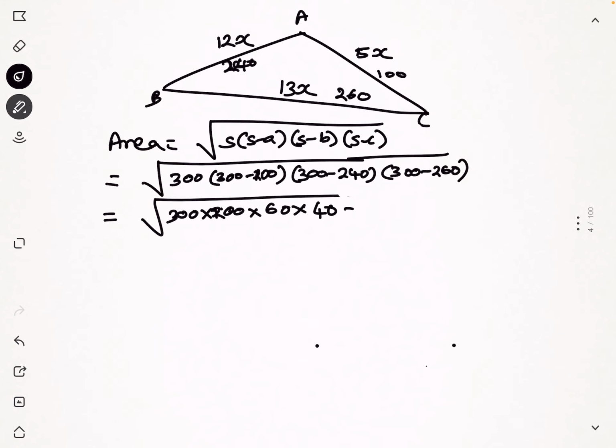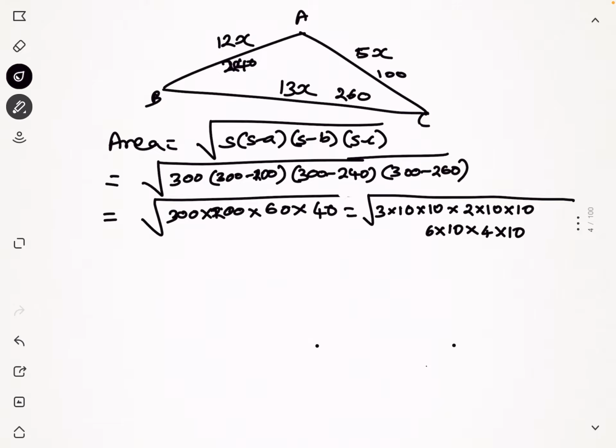If you expand this, it will be 3 into 10 into 10 into 2 into 10 into 10, 6 into 10 into 4 into 10. Now how many tens are there? 6 tens are there. Because it is a square root, we could take 3 tens out.